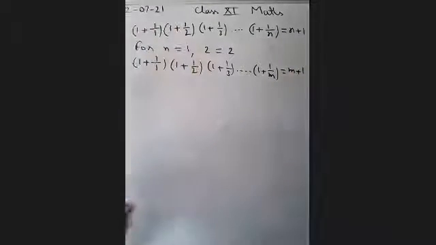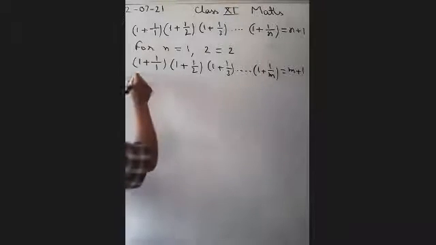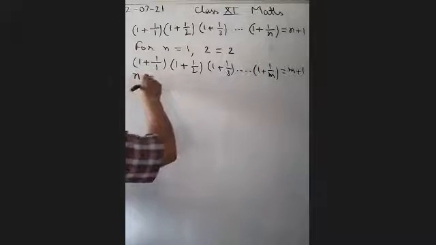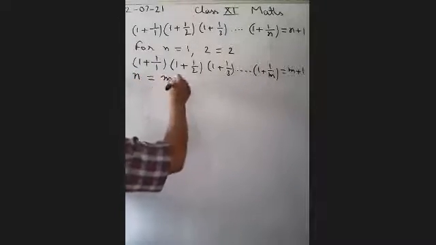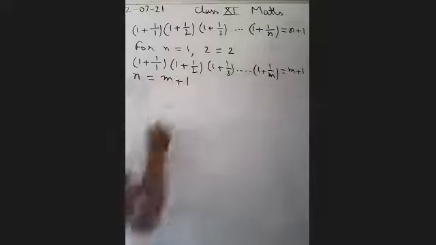We have assumed that it is true for n equal to m. Why? By assuming this one, we will prove for n equal to m plus 1. We have to prove now for n equal to m plus 1.